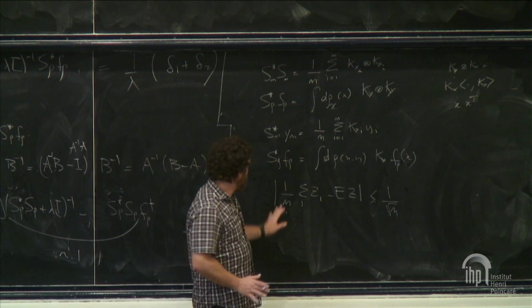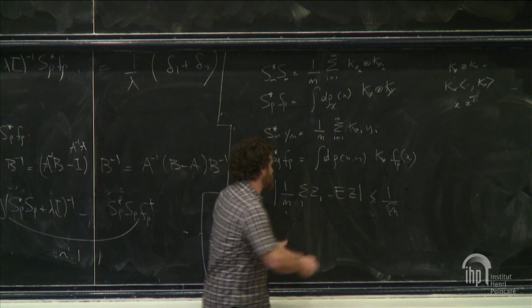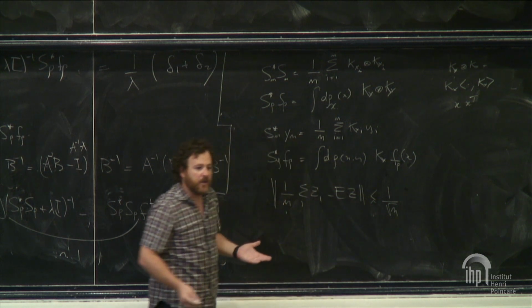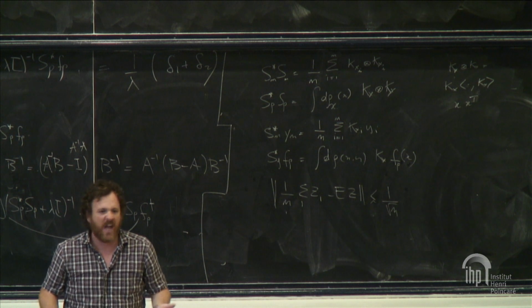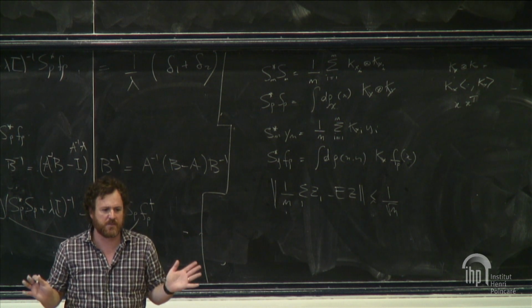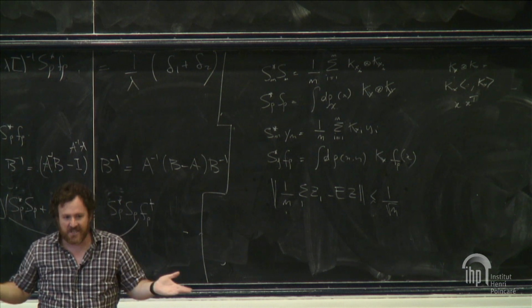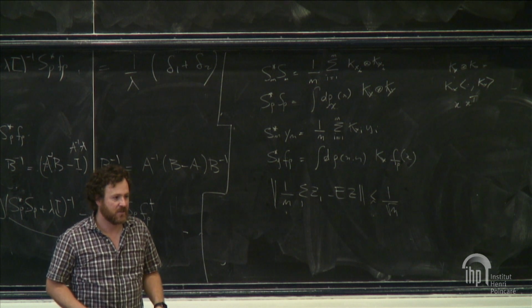Probably Stefano knows better, who's the one that really did it, but the extension, at least the extension I know, is due to Pinelis and Yurinsky, and it's basically saying that if instead of numbers I have functions in a Hilbert space, or vectors in a Hilbert space, so instead of absolute value you put a norm, essentially the same result holds. It's more complicated to prove, but it holds. Okay?